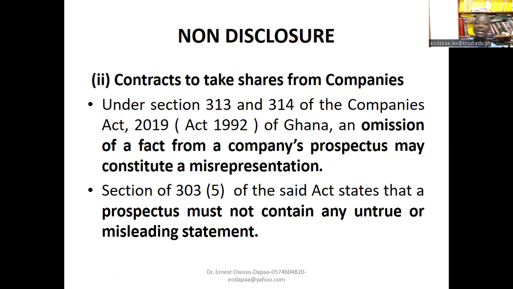If you look at the Companies Act 2019, Act 992, especially sections 303 subsection 5, 313 and 314, they contain provisions on the obligation to ensure that information that you put in the prospectus of a company is true, and that if it contains an untrue statement, then you incur civil and criminal consequences.